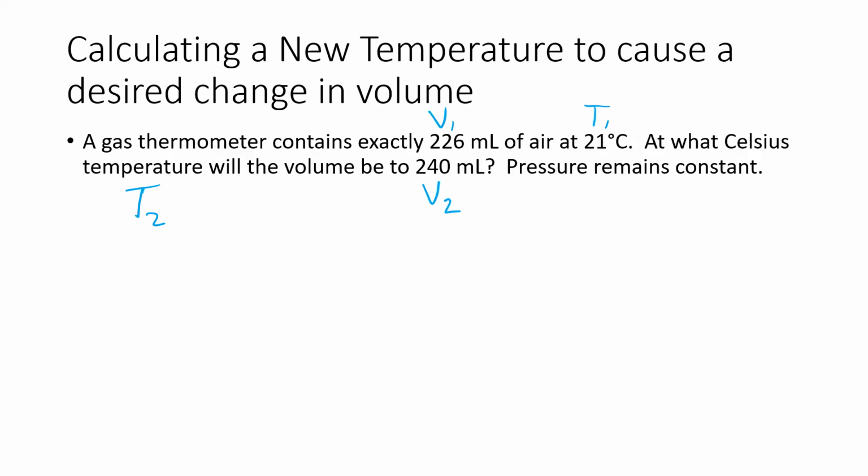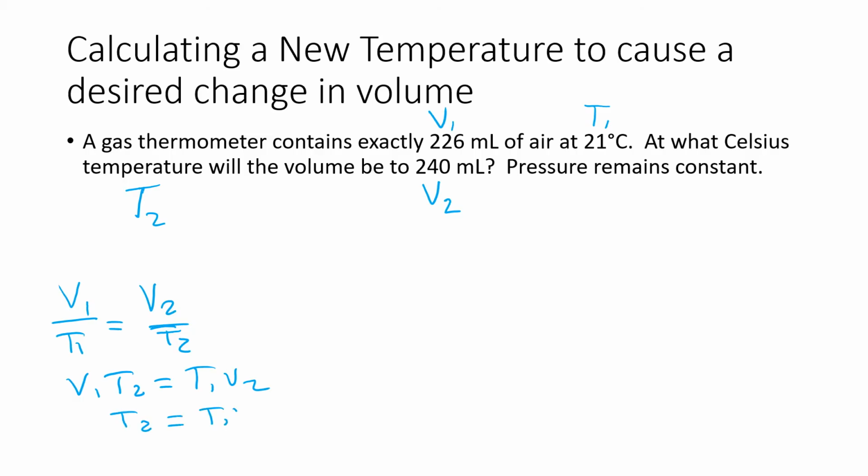So remember your Charles's law, V1 over T1 equals V2 over T2. I am trying to solve for T2. So T1 times V2 divided by V1, that's my rearranged equation. So I need to convert degrees Celsius into Kelvin.